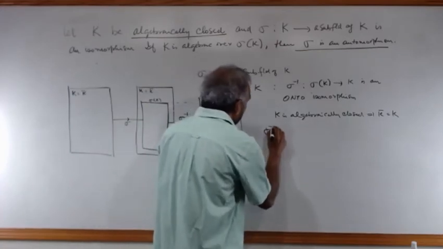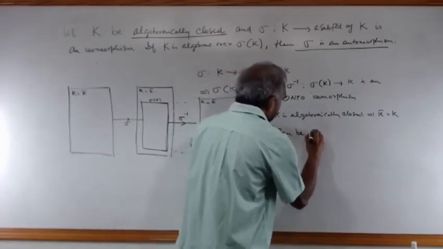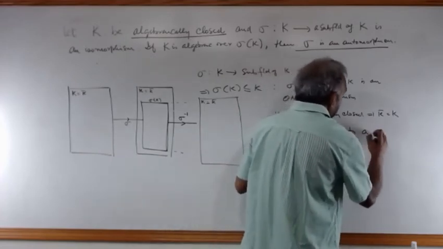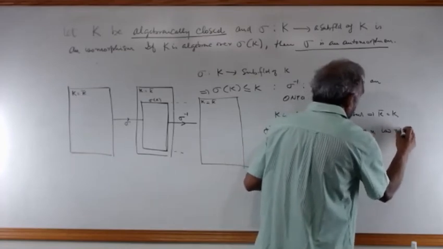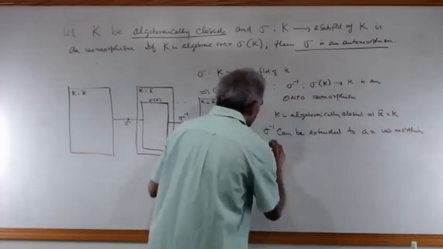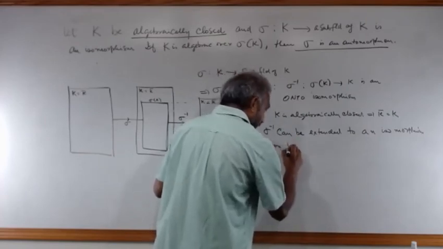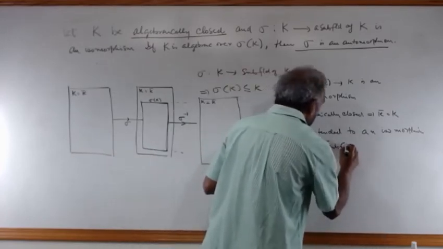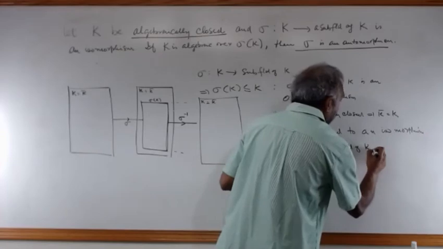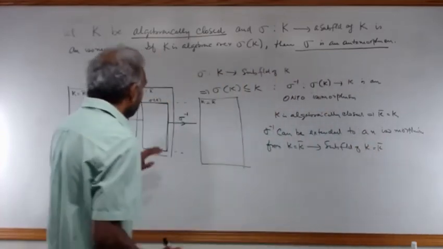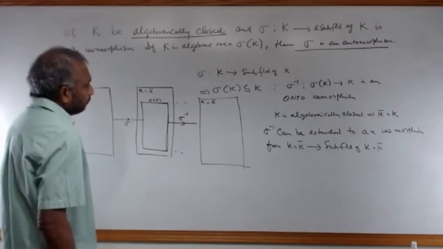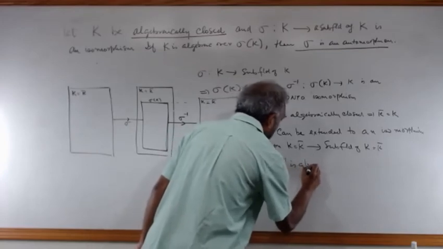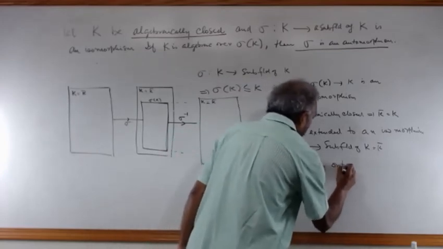So sigma inverse can be extended to an isomorphism from K equal to K closure to a subfield of K equal to K closure. But sigma inverse is already onto.